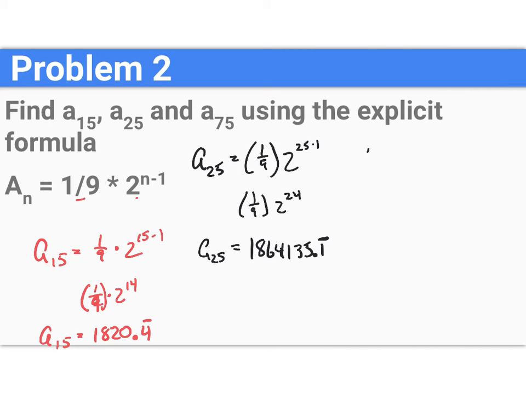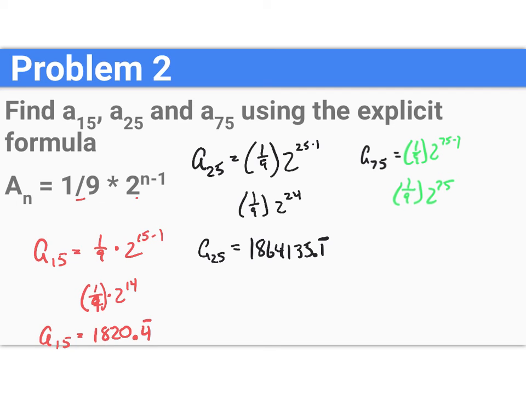And then finally, a of 75. So this is going to be a big number. I should have done this in a different color. All right, so 1/9 times 2 to the 75 minus 1, which is 1/9 times 2 to the 74th.